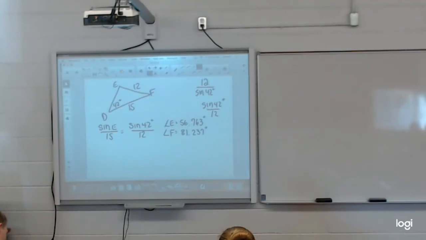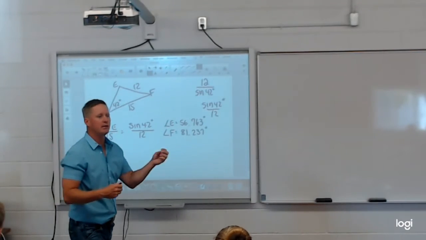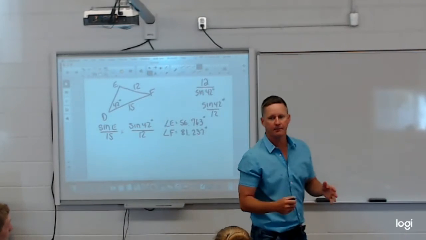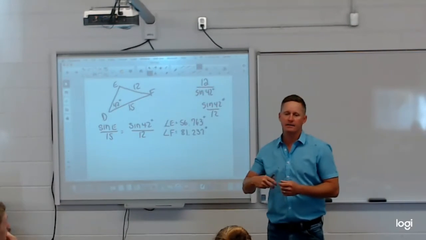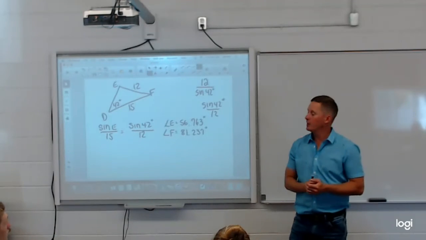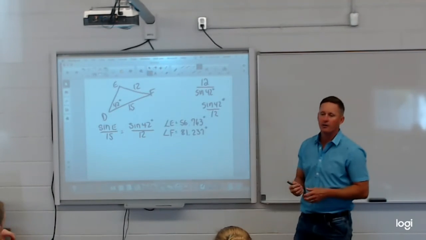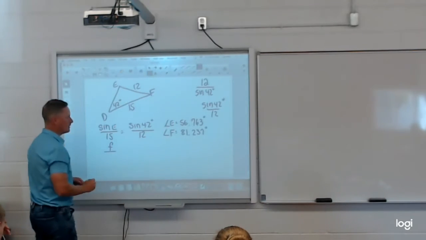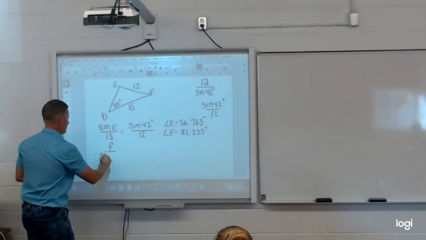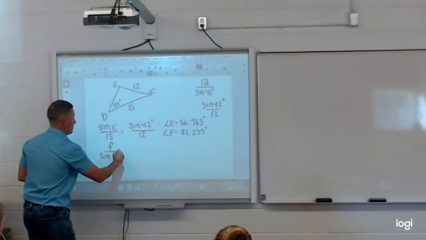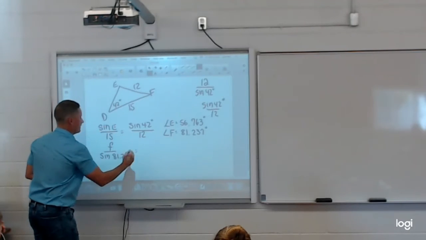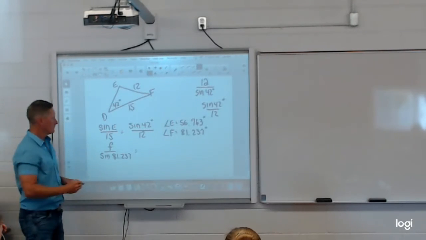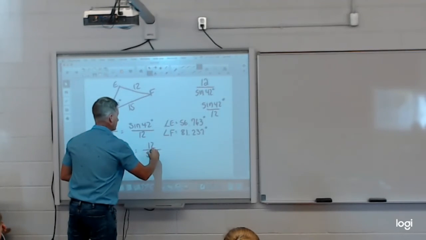When you're looking for two angles, you find the first angle and then you use the 180 subtract the next time. You don't have to use the law of sines for that next angle. But you do need to use the law of sines now to solve for side F. So what's the ratio for side F? F over sine of 81.237 equals 12 over sine 42, right, Brock?